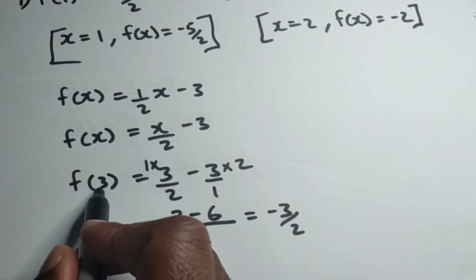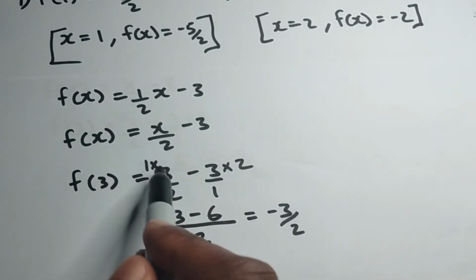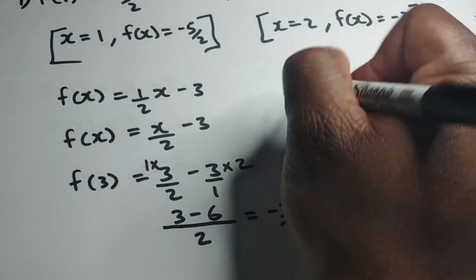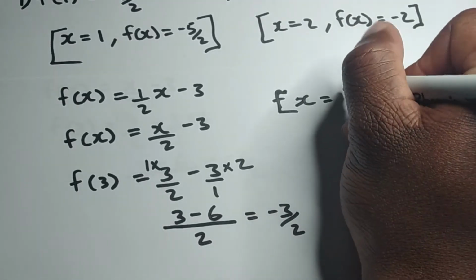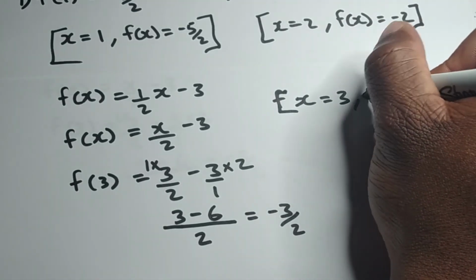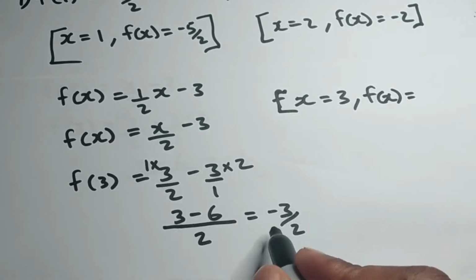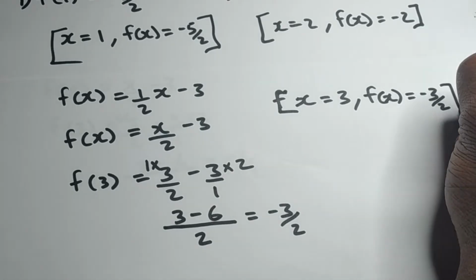When we sub 3 into this, 3 represents our x. If you notice, we replaced the x with 3, so that simply means x is equal to 3. So we can say now that when x is equal to 3, our f of x is equal to negative 3 over 2, all right?